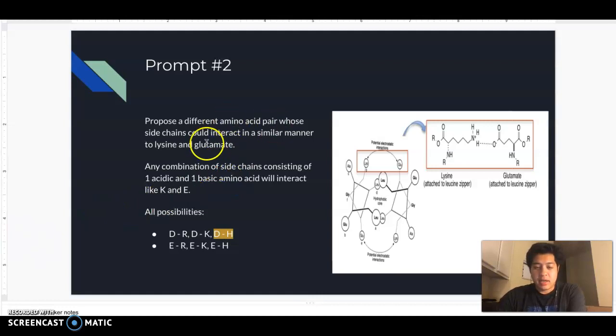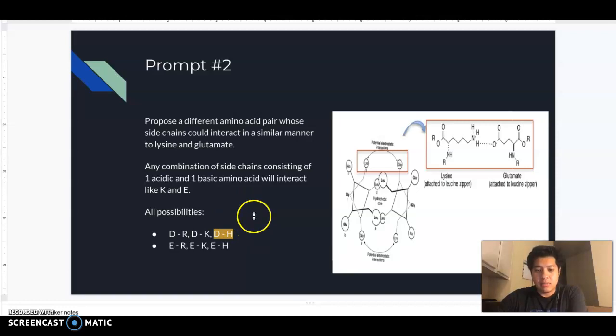And finally, let's look at the second prompt. We are tasked with proposing a different amino acid pair whose side chains could interact in a similar manner to lysine and glutamate. Any combination of side chains consisting of one acidic and one basic amino acid will interact just like K and E. When we were learning the 20 amino acids earlier this week, there are 2 acidic amino acids and 3 basic amino acids.